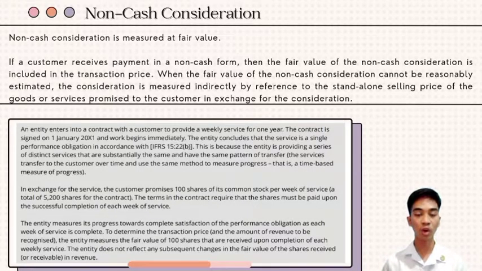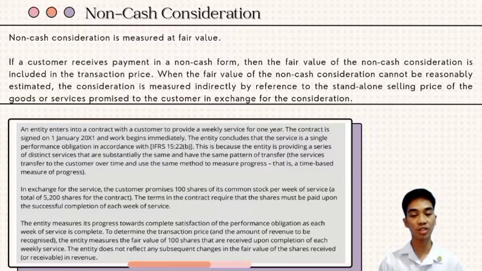Meaning, when a customer promises consideration in a form other than cash, an entity measures the non-cash consideration at its fair value. But if the fair value cannot be determined, the standalone selling price of the goods or services is used. Standalone selling price will be discussed in the succeeding step.